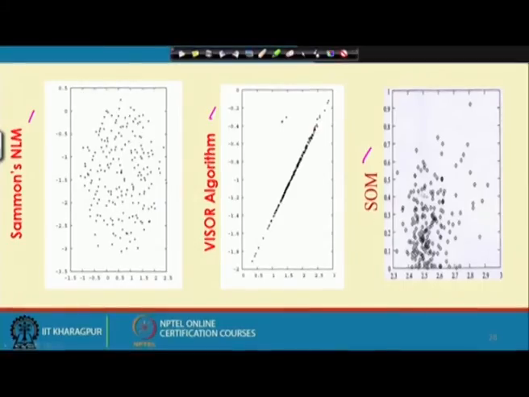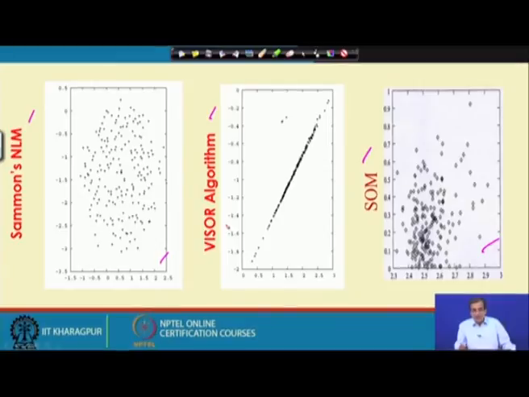And if you see the quality of the mapped data obtained using the self organizing map, here also the data points are well distributed, so it is a bit easy to visualize. So, in terms of visualization capability, Sammon's nonlinear mapping and the self organizing map are good compared to the mapping obtained using the Weiser algorithm.